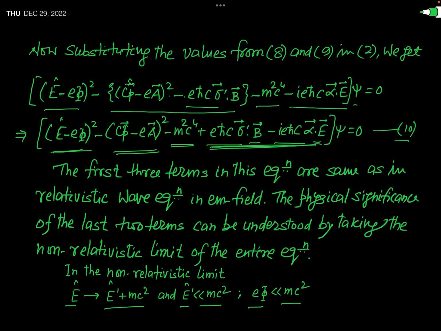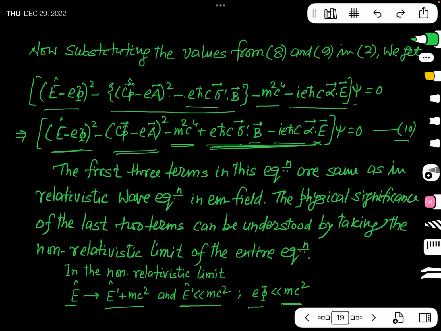Okay. So when we replace E by E dashed plus mc square and take the limiting condition that E dashed is much smaller than mc square and E phi is also much smaller than mc square, then the equation defined in equation 10 will be converted into its non-relativistic limit.